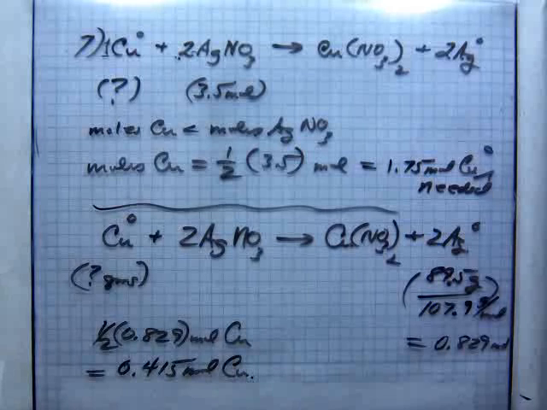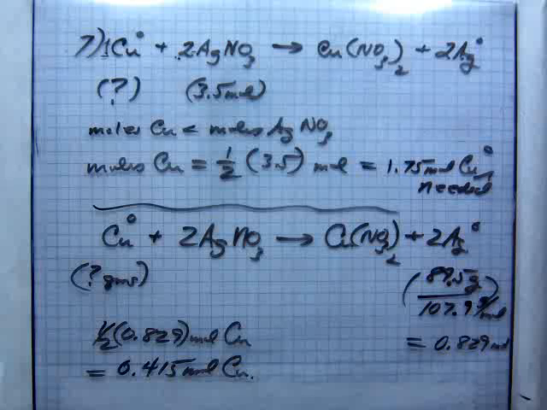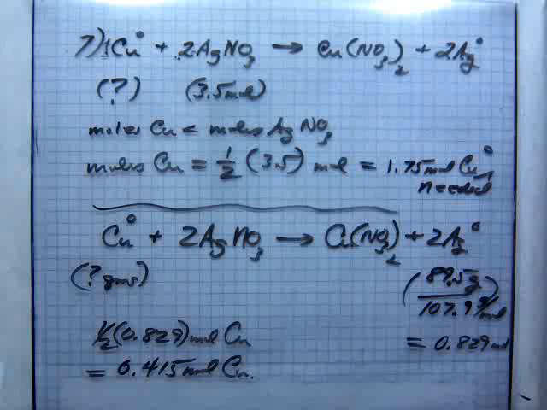Like that. Now, the formula weight of copper is 58.9. No, that's cobalt. Let's see. Oh, 63.5.